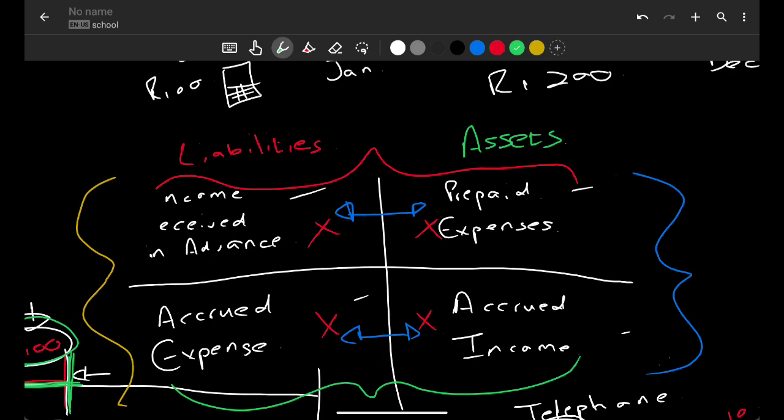Accrued expenses, we have paid for less than 12 months. So whatever the expenses, we paid for less than 12 months. And then accrued income is them paying less than 12 months. They are paying us for less than 12 months.